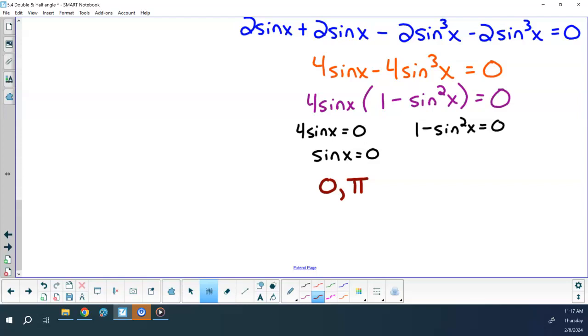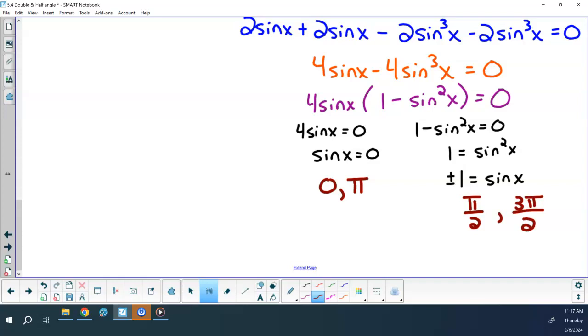No. Sine equals minus 1. Because it's 1 equals sine squared of x, so it's plus or minus 1 equals sine of x. Positive 1, pi over 2. Negative 1, 3 pi over 2.